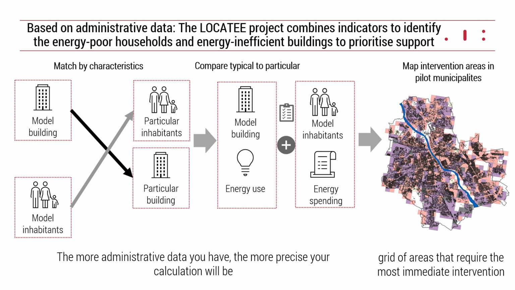So in our project, we will combine a lot of indicators of energy poverty and energy efficiency in order to identify people suffering from energy poverty or living in energy inefficient buildings, again to prioritize support.